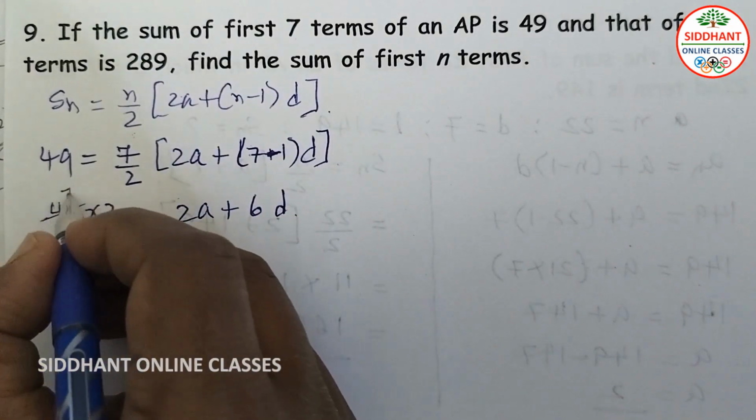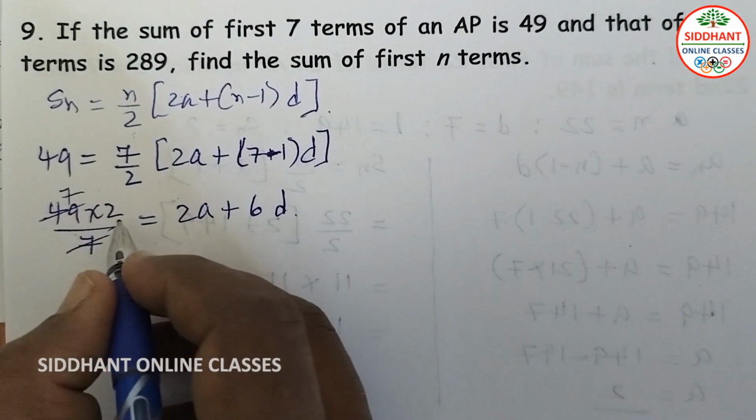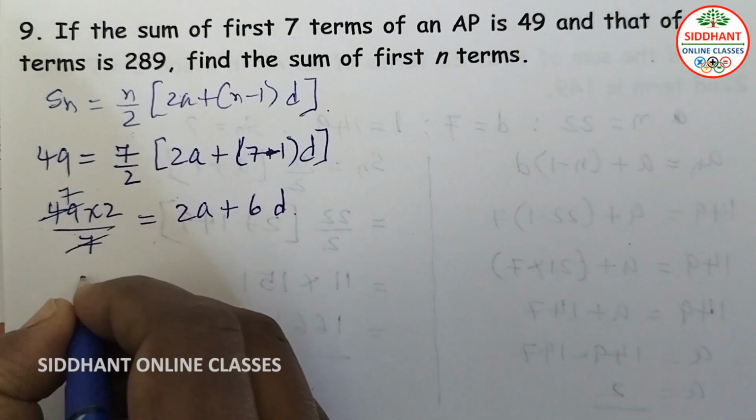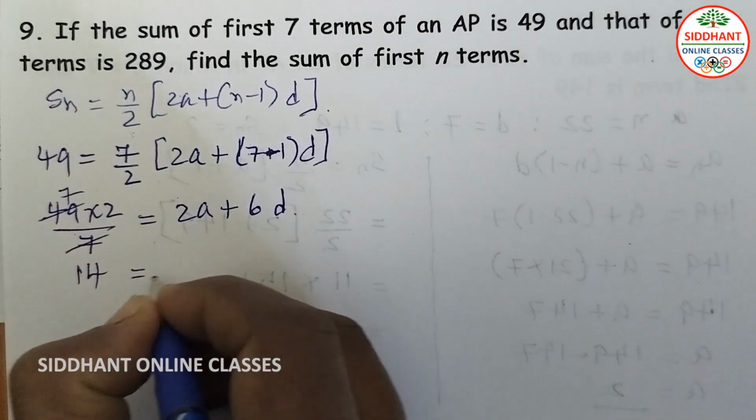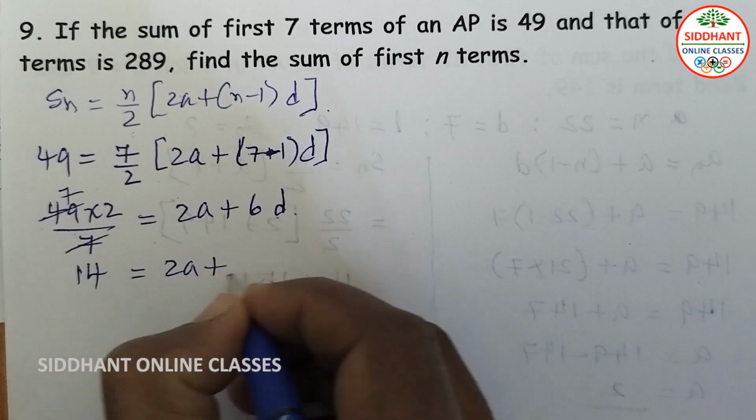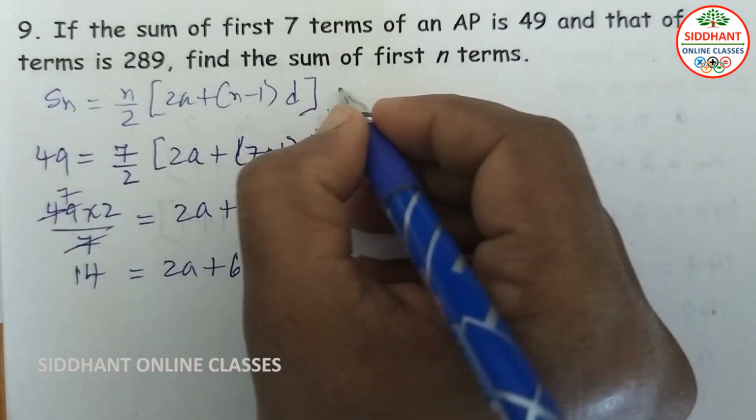So here 7 cancel, 7 into 2 is 14. So 14 equal to 2a plus 6d here.